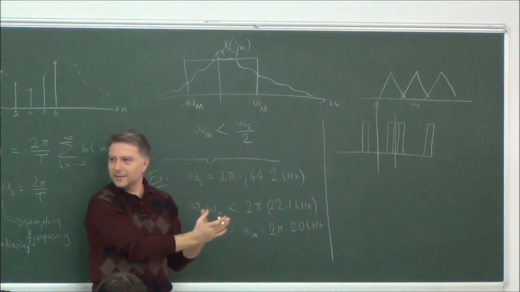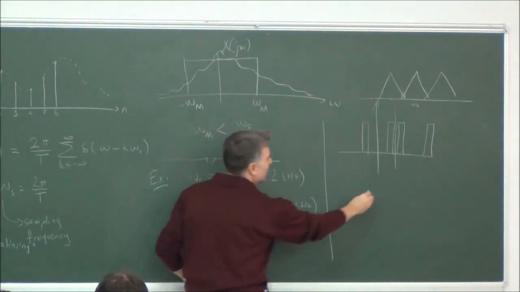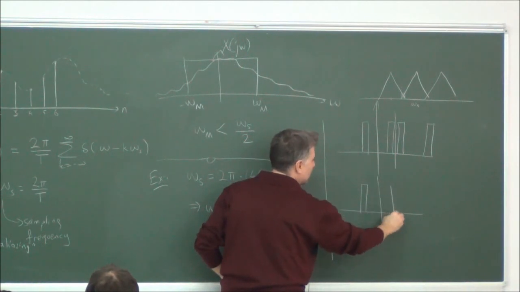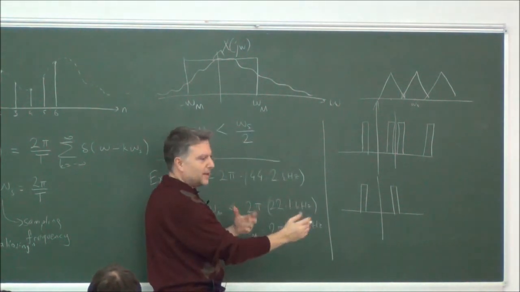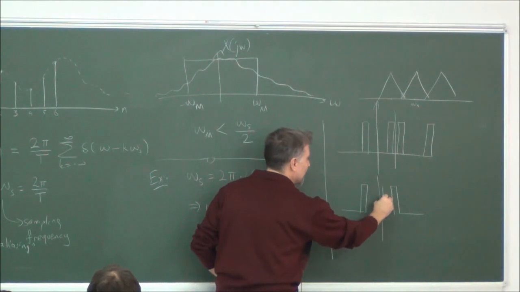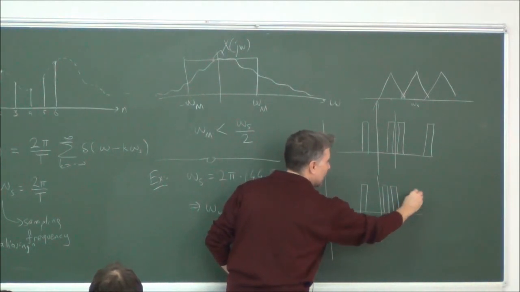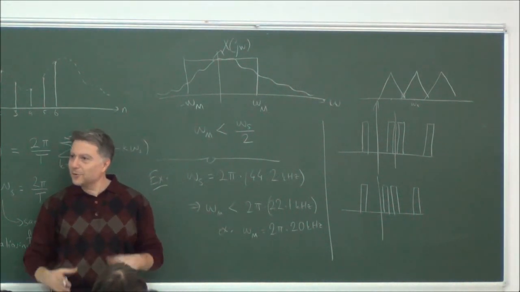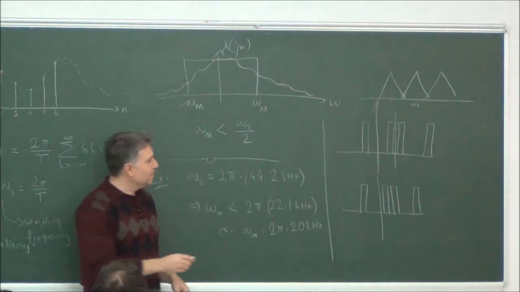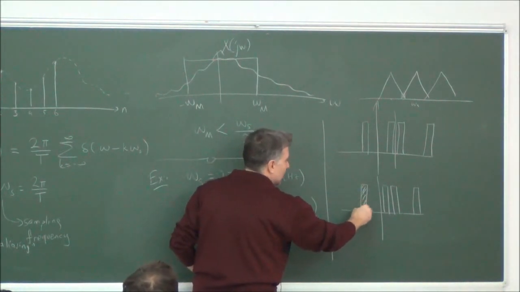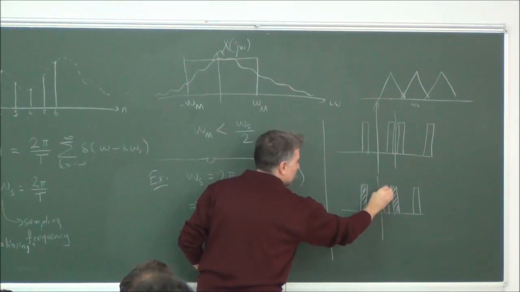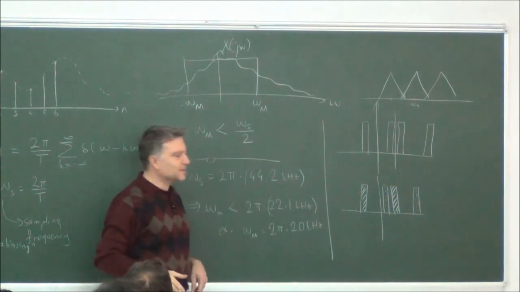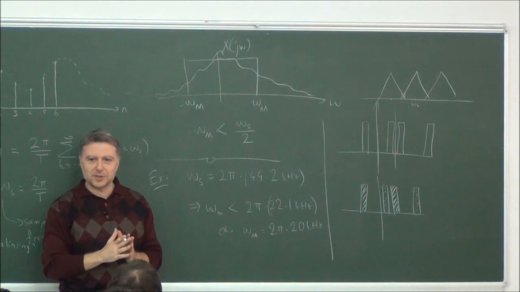Do you see that? So you have this original, and the replica is, for example, here, like this, and they don't overlap. Still they don't overlap, because the original one was here and the replica is here, and they didn't cause aliasing. They didn't hide each other.